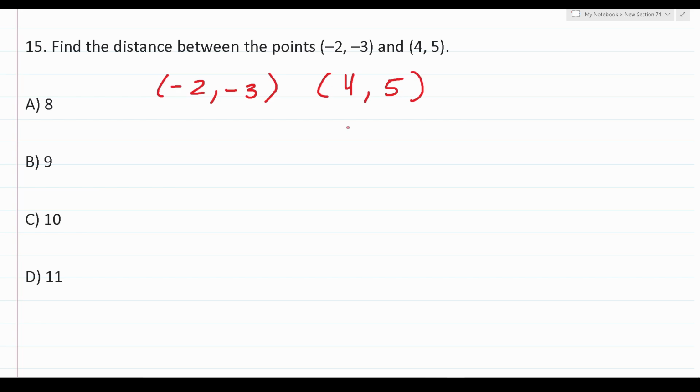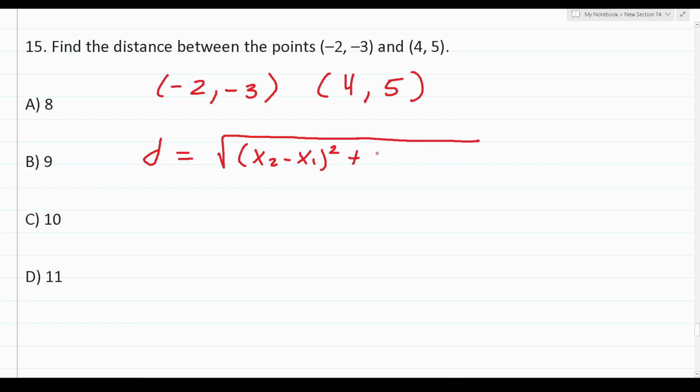The other distance formula is for finding the distance between 2 points on a line, and that's given by this formula. That distance, d, is given by the square root of x2 minus x1 squared plus y2 minus y1 squared.